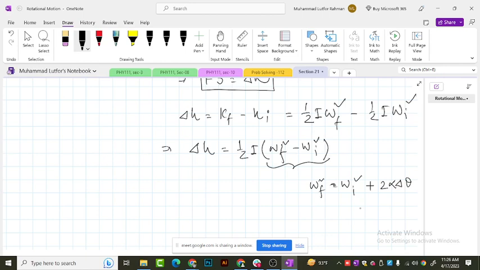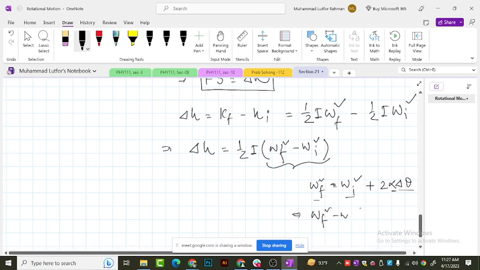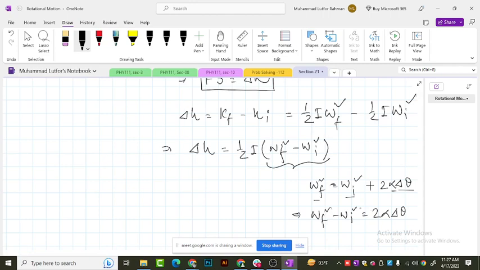Since we are dealing with rotational motion, I write that equation in terms of rotation. This is the final angular velocity, this is the initial angular velocity, this is the angular acceleration, and this is the angular displacement. Rearranging this equation, omega f square minus omega i square should be 2 alpha into del theta.